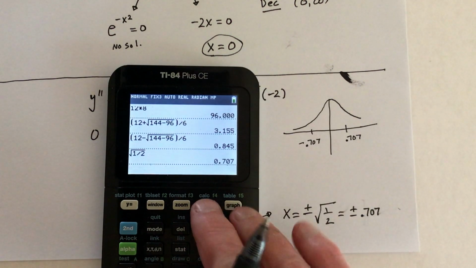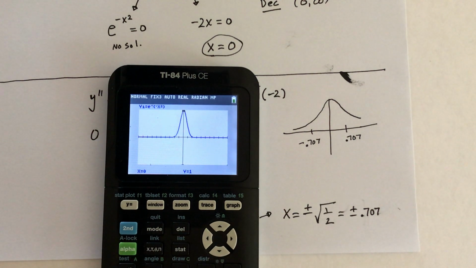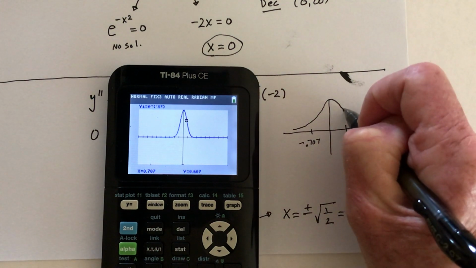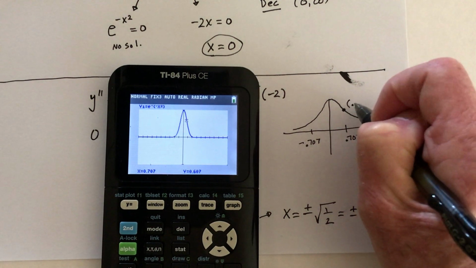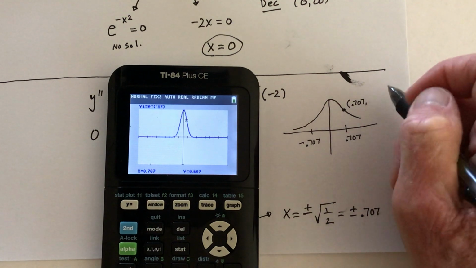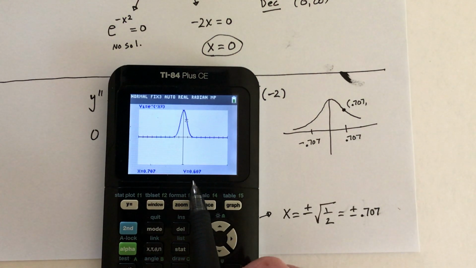And when I go to the graph and put in the 0.707, it's saying the point of inflection right here would be 0.707, and then the y value is 0.607.